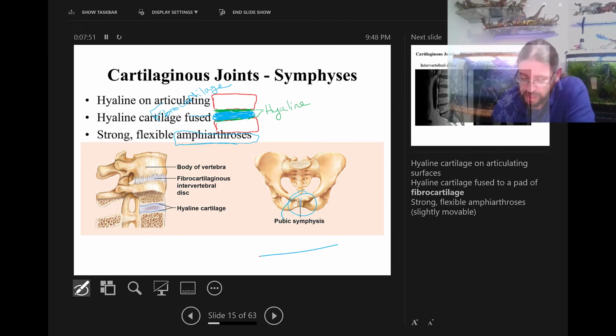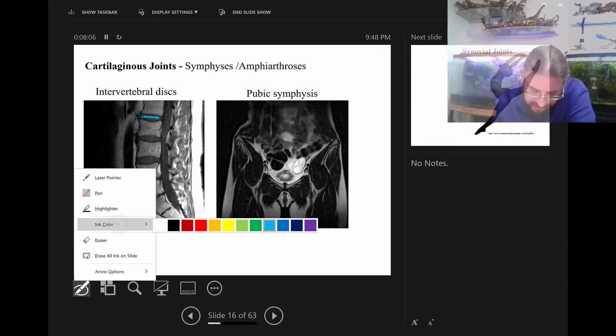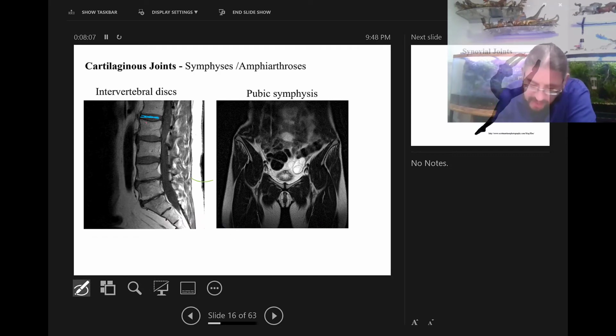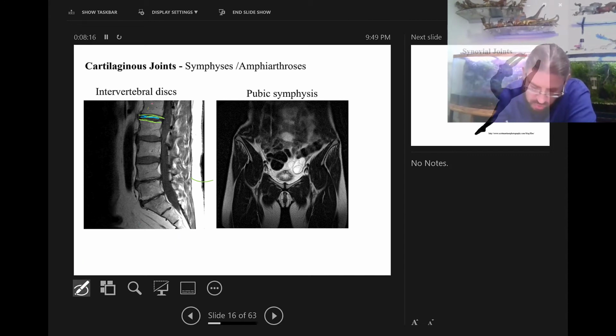Not too terrible. So here's some intervertebral discs, right? And again, we can see them falsely colored for contrast. And we have our fibrocartilage pad and the hyaline cartilage sealed to it. And then the boom, well, whatever, orange works.